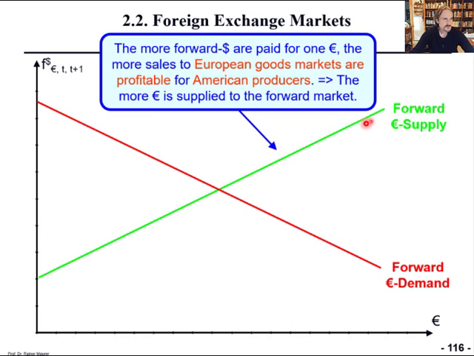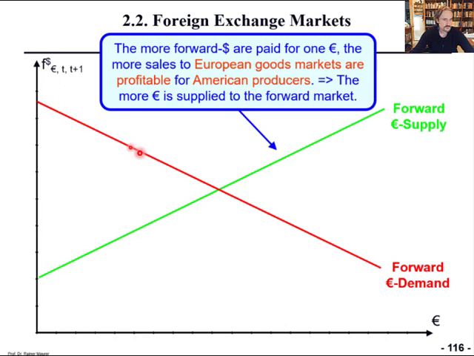It is a positive slope, which implies that the more forward dollars are paid for 1 euro, the more sales to European goods markets are profitable for American producers. Consequently, the more euro is supplied to the forward market. So an appreciation of the euro in the forward market causes an increase of supply of euro on the forward market.